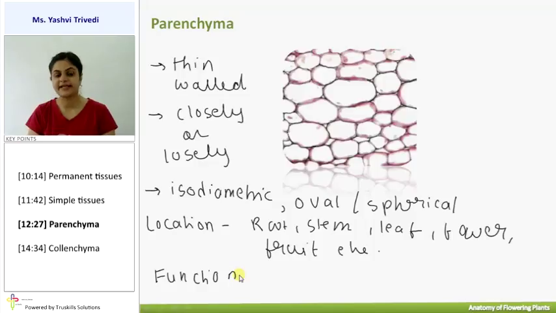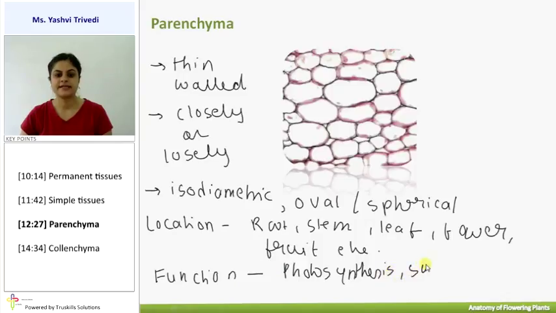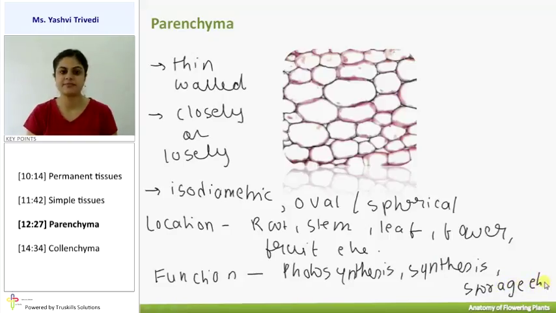Or on the contrary, I can say that all these parts like root, stem, leaf, flower, fruit are performing their specific function because they have parenchyma. So basically the functions of parenchyma are photosynthesis, it can be used for synthesizing activity, and it can be used for storage activity, etc. So this is the first type of simple permanent tissue, which is parenchyma.